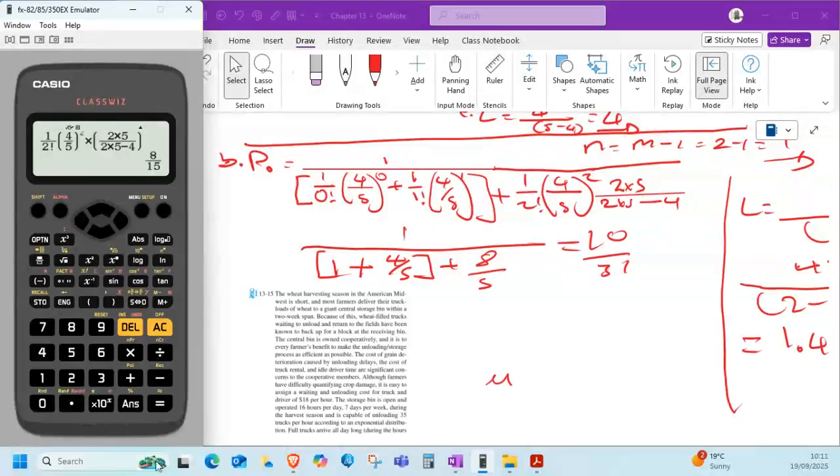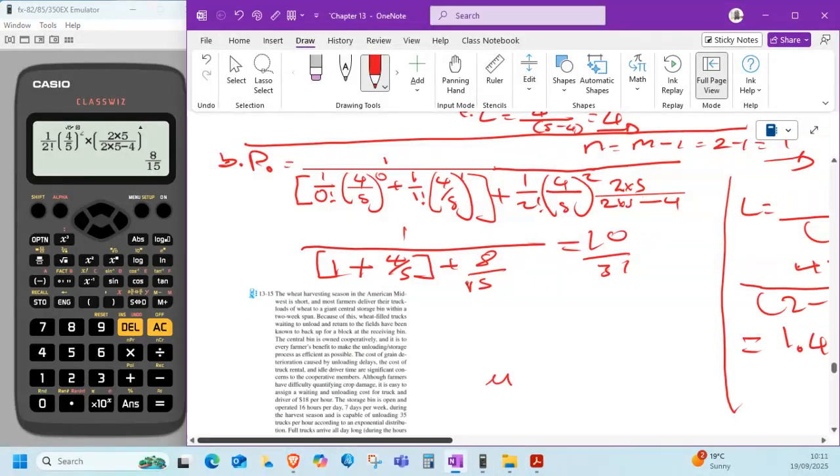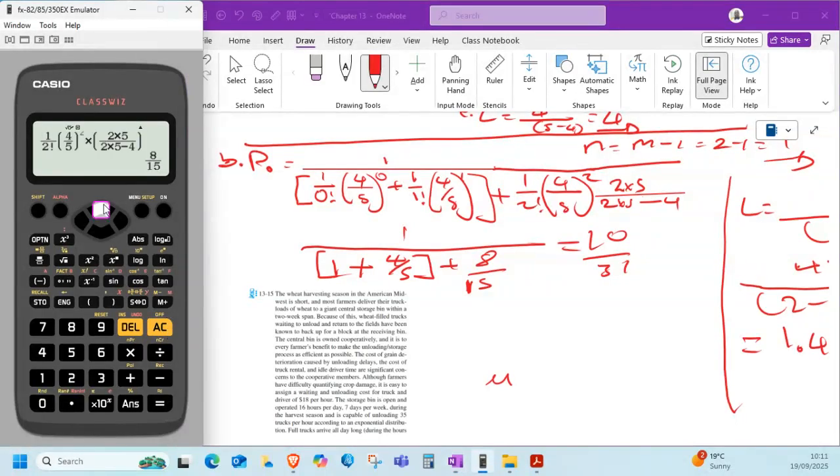Okay, I'm going to write it as 18 over 15 like this. 8 over 15, okay.